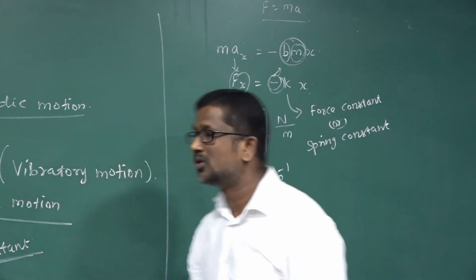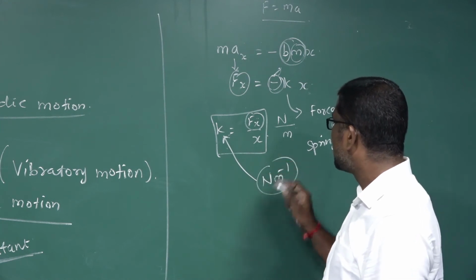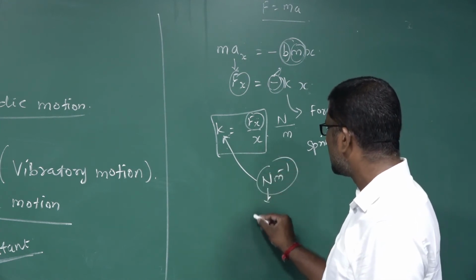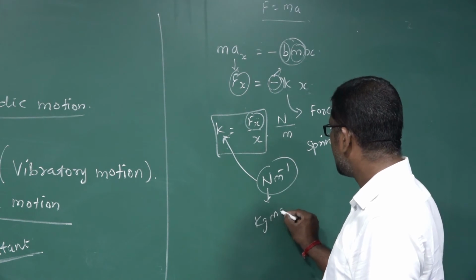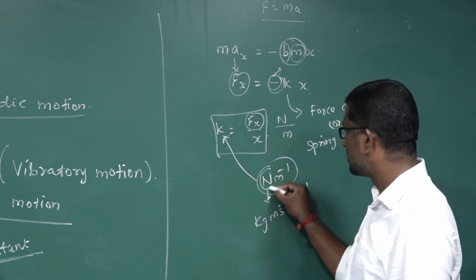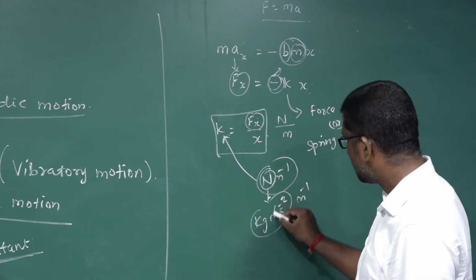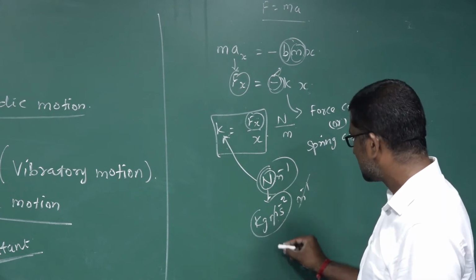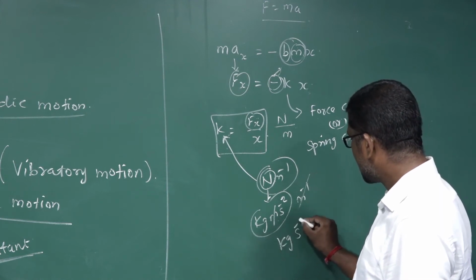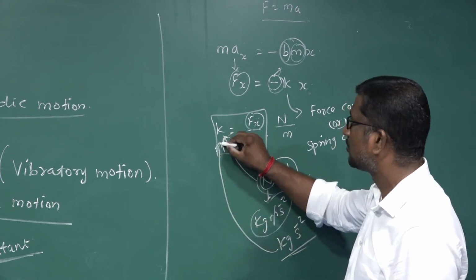But the unit of spring constant or force constant is Newton meter power minus 1. Newton's equivalent unit is kilogram meter second power minus 2, into meter inverse. Okay, instead of N, we can write kilogram meter second power minus 2. So meter inverse gets cancelled. So kilogram second power minus 2 is another unit of spring constant or force constant.